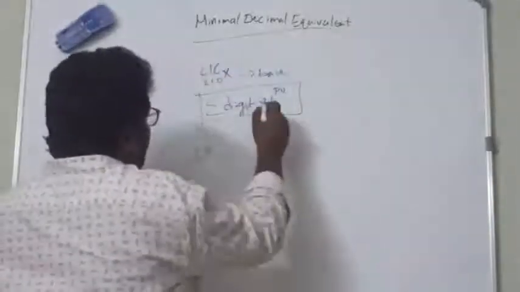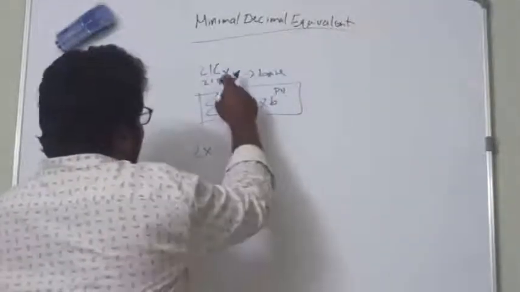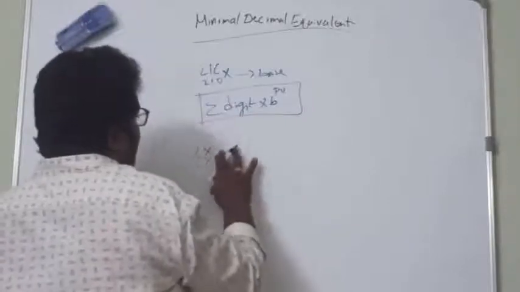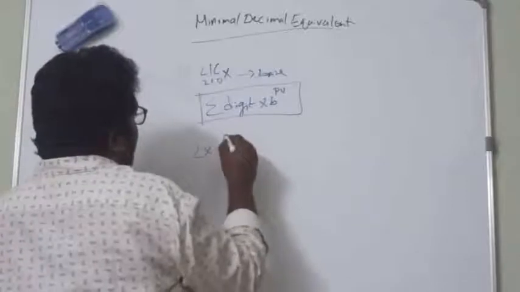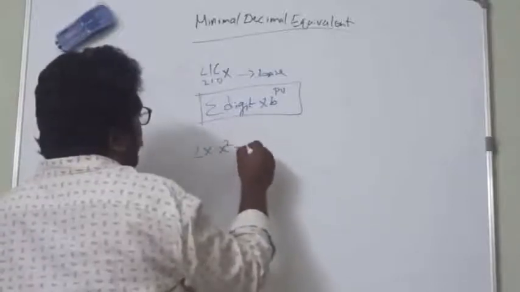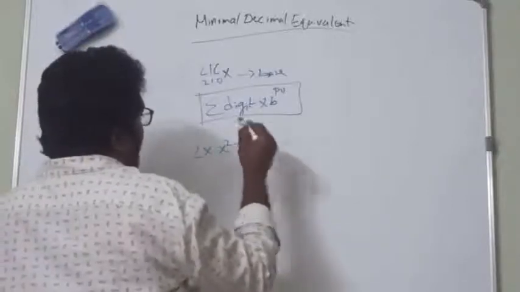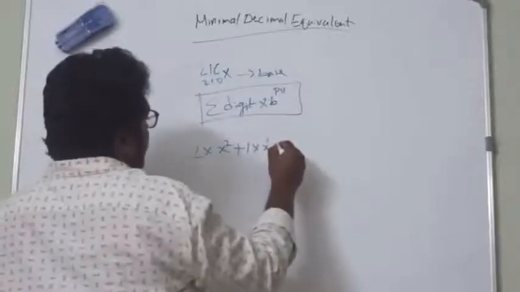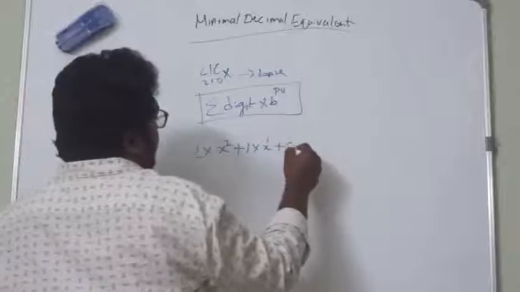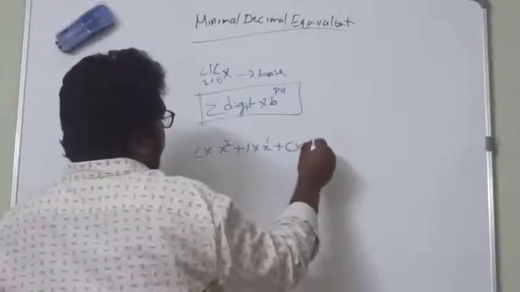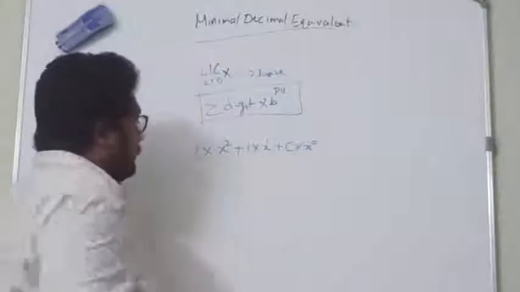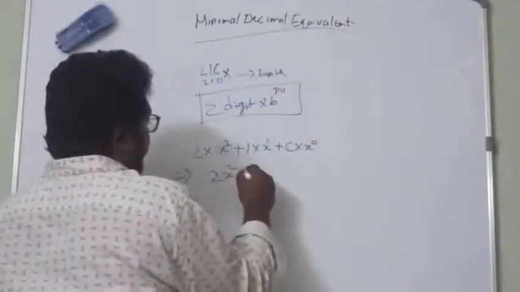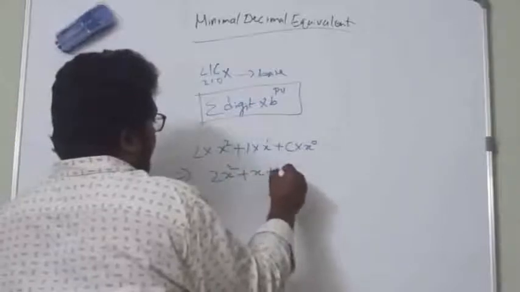We have 2 into B power, and here they have given us x, so take x power 2, plus 1 into x power 1, plus C into x power 0. So it becomes 2x square plus x plus C.